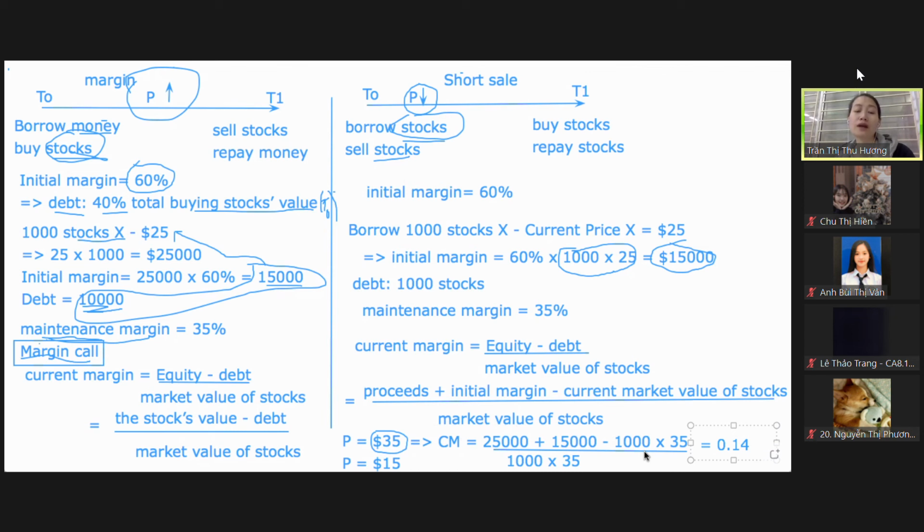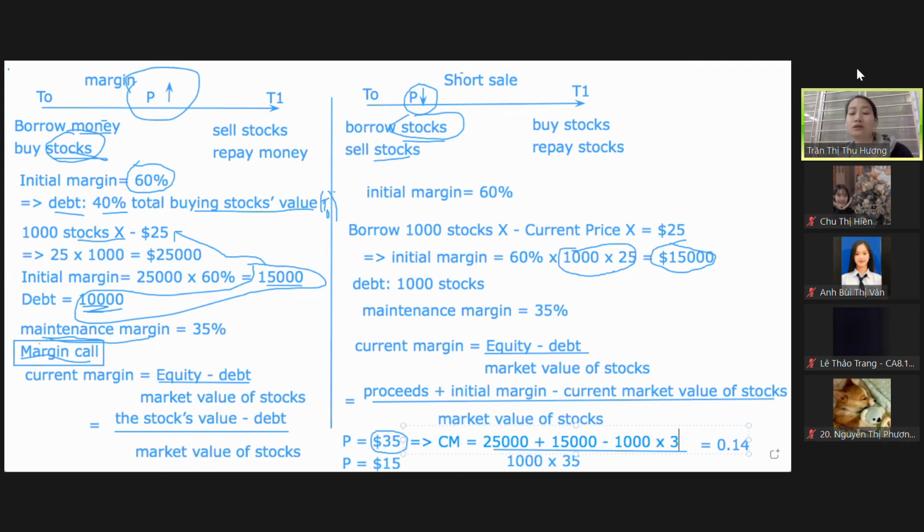Okay, so now recalculate if the market price is 15. We have 25,000 plus 15,000 minus 1,000 multiply 15, divided by 1,000 multiply 15.